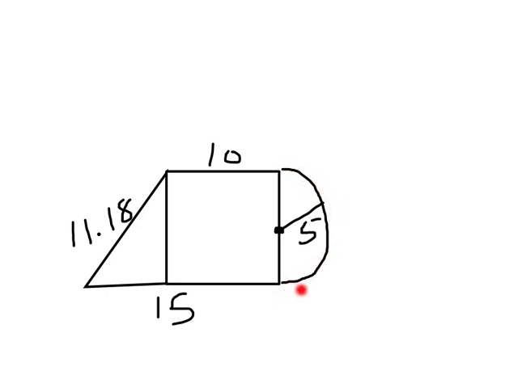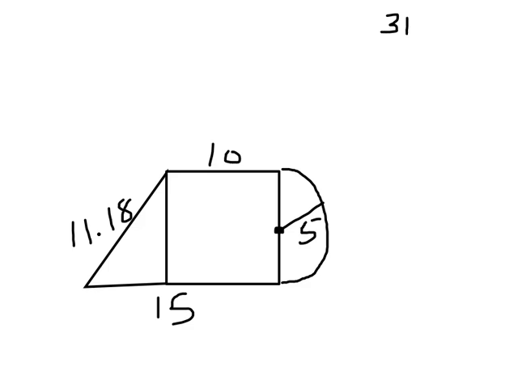So we're going to use the formula for circumference, which is pi times diameter. And if the radius is 5, then we know that twice that is 10. And then we can say 10 times pi, 10 times 3.14 is 31.4.